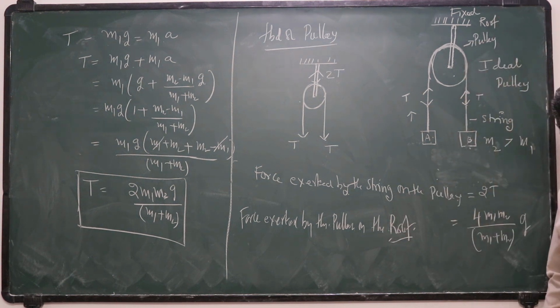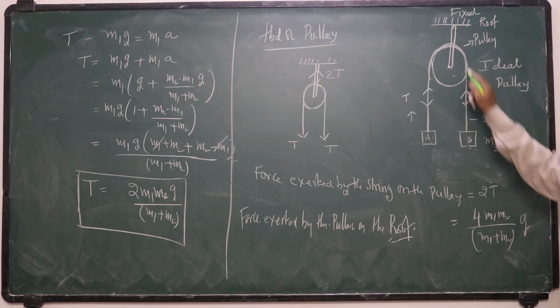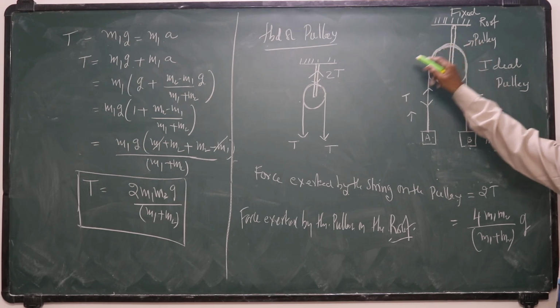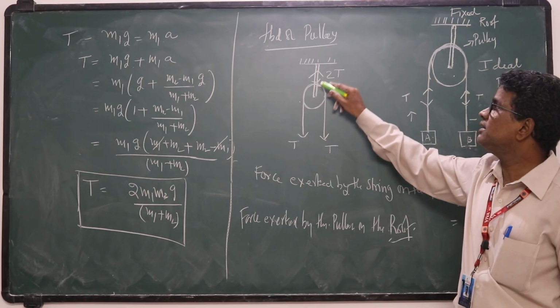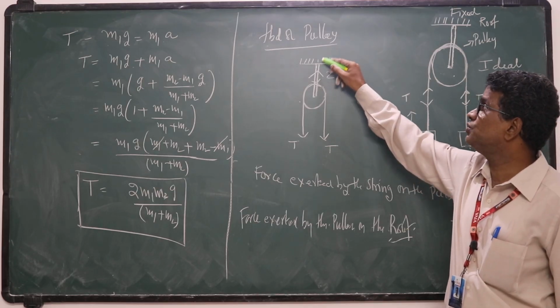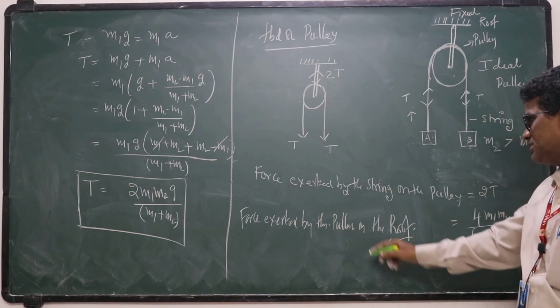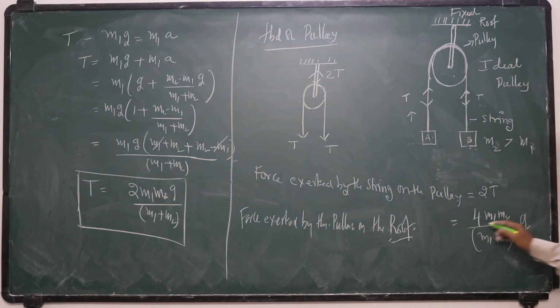This is Newton's third law. The string exerts a force 2T on the pulley. The pulley in turn exerts a force 2T on this support. In turn, this support exerts a force 2T on the roof down. So the force exerted by the pulley on the roof is, answer is same, 2T.